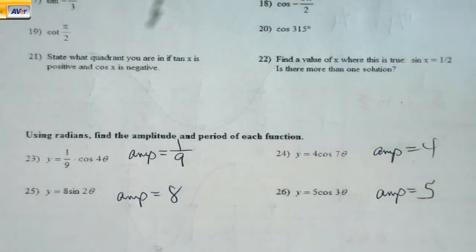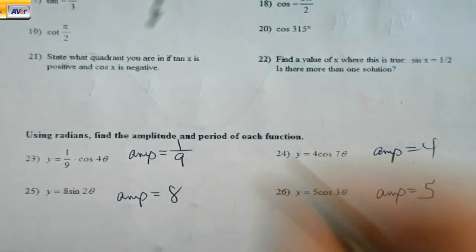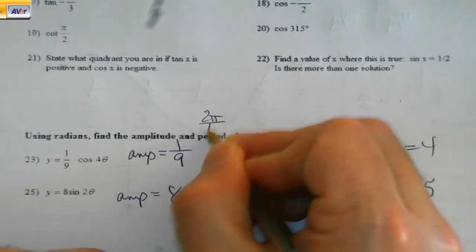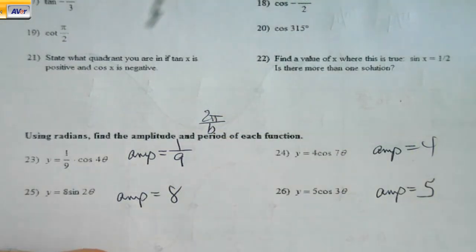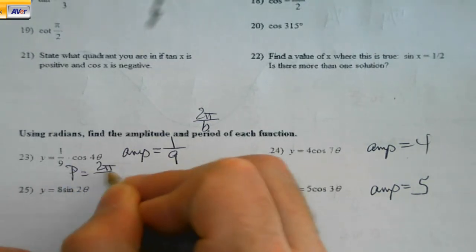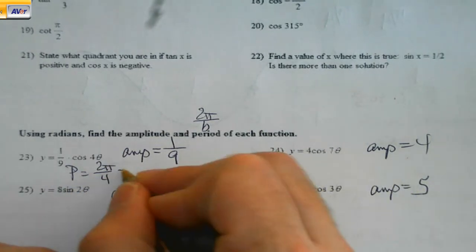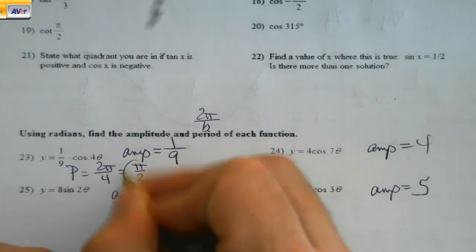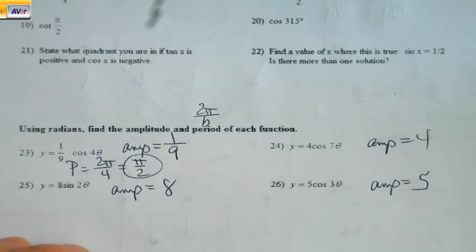Your period is not just your b value. Your period is 2 pi over b. So my period is 2 pi over 4. Don't leave it unsimplified, silly people. Okay, you don't have to come up with every single value in radians like you did before. Just the period. That's all I want.